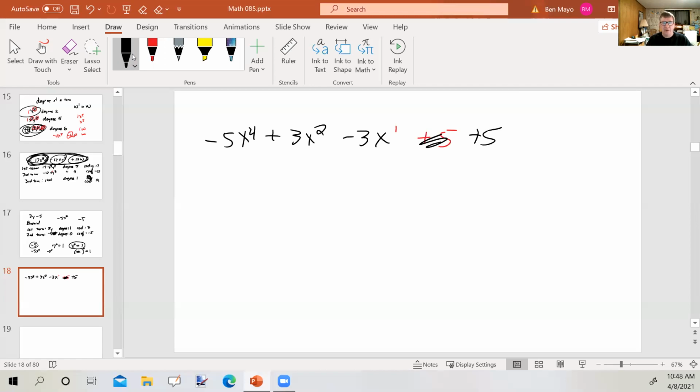What is the coefficient of the fourth term? 5. And now the Jeopardy bonus question. What is the degree of the entire polynomial? It would be degree 5. I don't know, I'm getting 6.